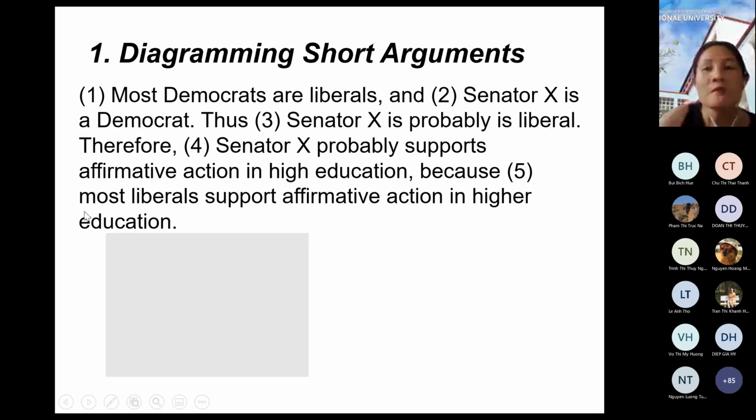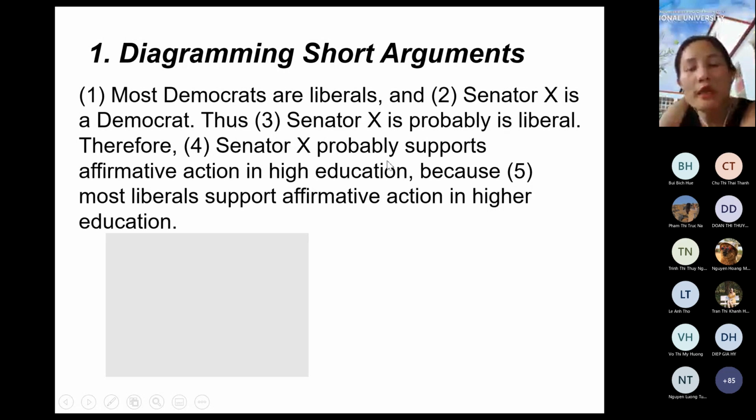We'll see that, yeah, we all agree that number 4 is our main conclusion, and number 3 is the sub-conclusion, because in front of number 3 and number 4, we have indicator words for the conclusion. Number 4 is the main conclusion because we check in detail for the meaning, the content. And also we see the 'because' in front of number 5, so 5 must be a premise for 4.